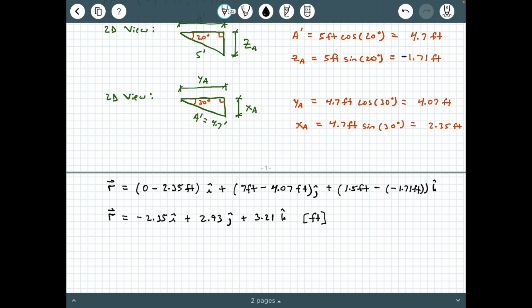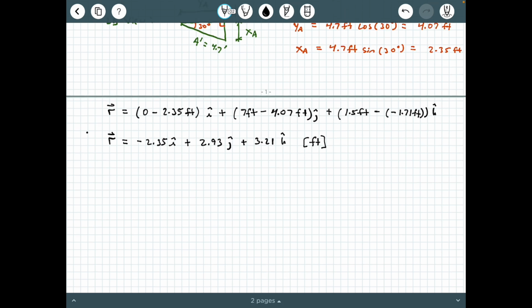Now that's our position vector as a Cartesian vector, but we need the coordinate direction angles, right? So if you remember, how do we get coordinate direction angles? Well, we take the arc cosine of each component over the magnitude of the vector itself.